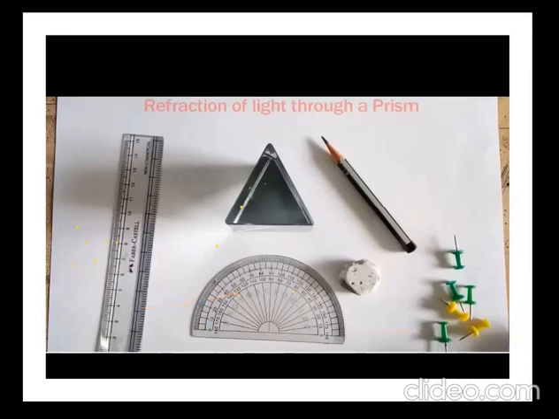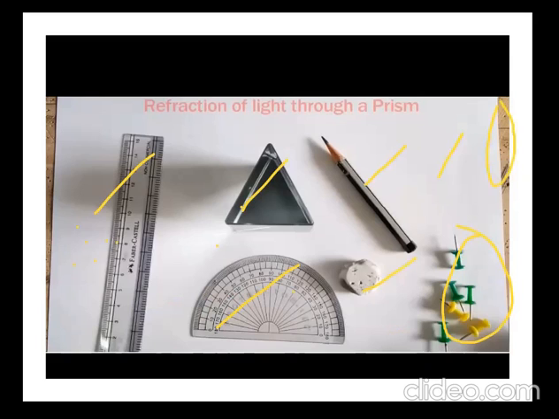You will require a scale, a triangular glass prism, a protector, and 6 pens or 4 pens. And you will require a pencil, eraser, a white A4 sheet, and a drawing board. You can see a brown colored wooden board behind me.